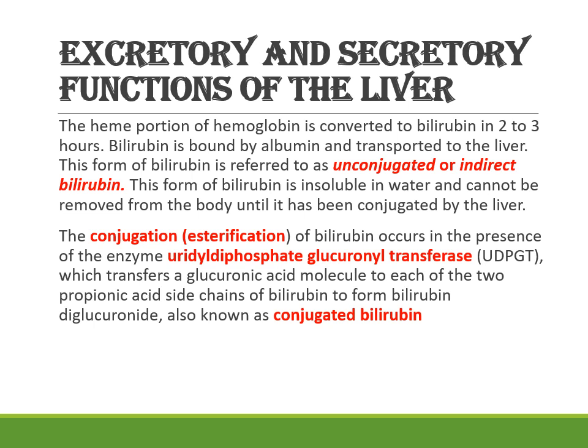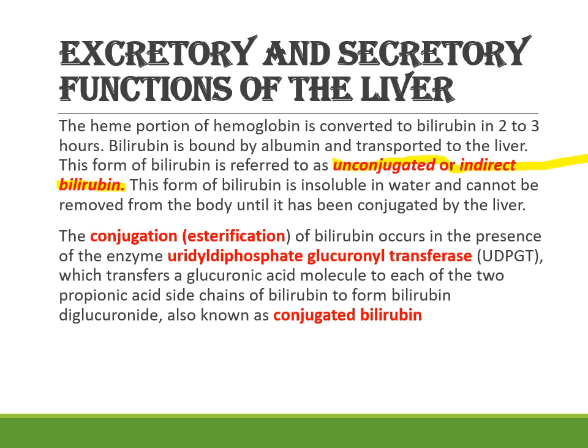And there are two different types of bilirubin. One is the unconjugated or indirect form of bilirubin, and another one is the conjugated, or the direct form of bilirubin.